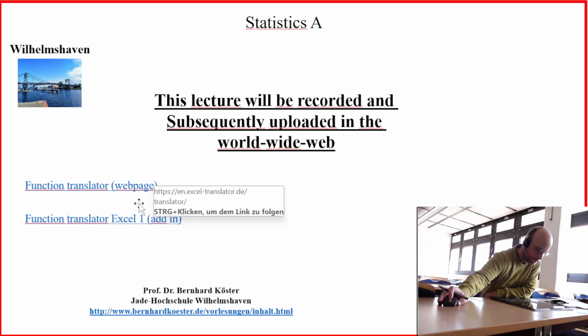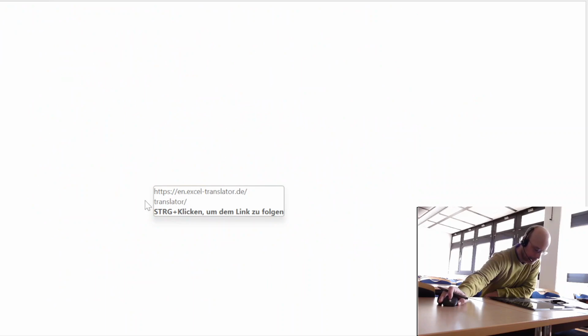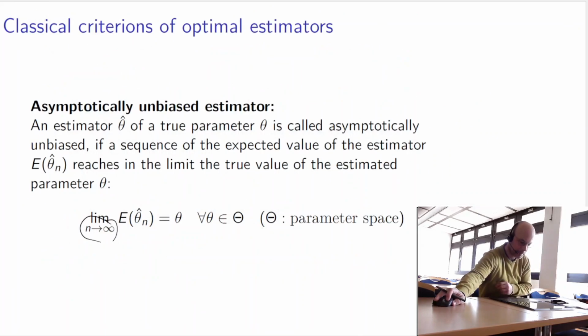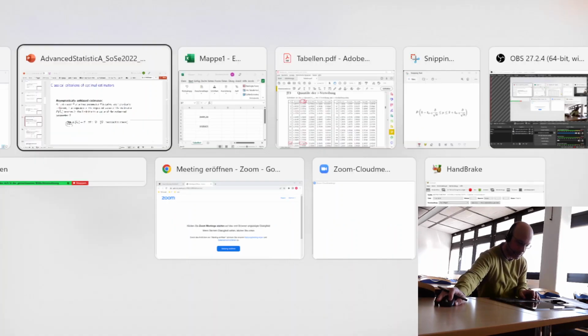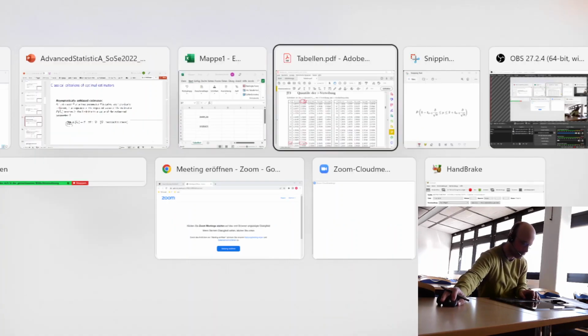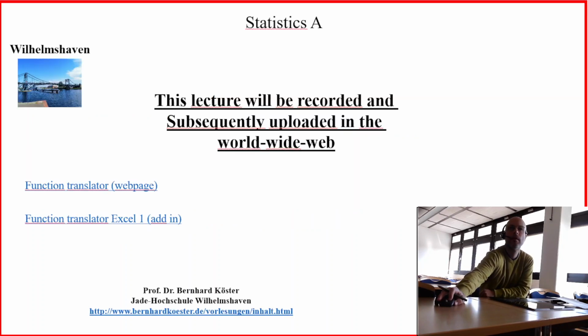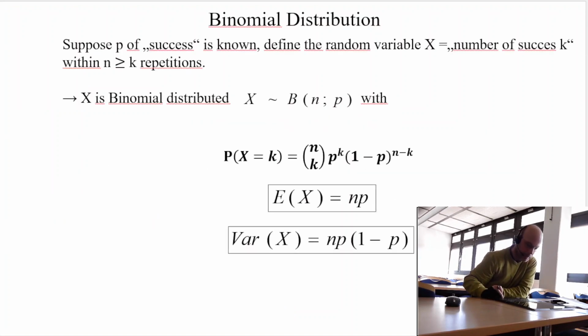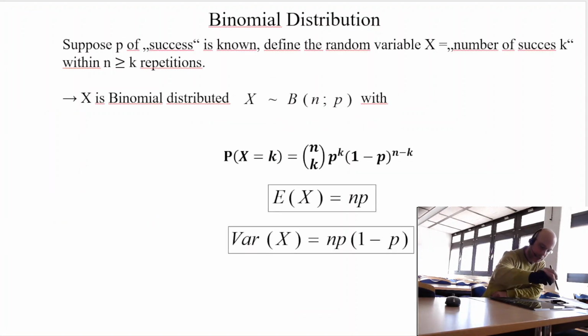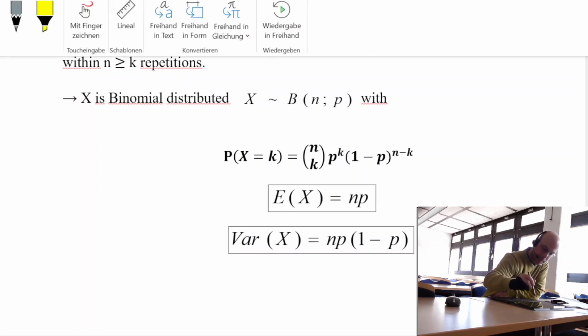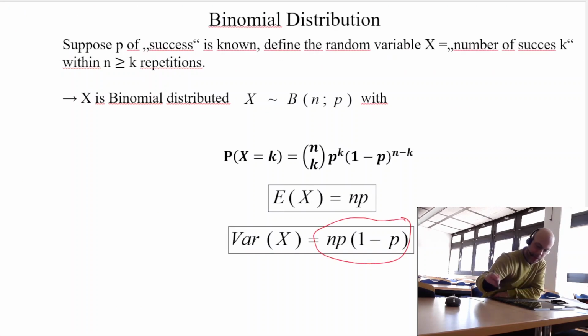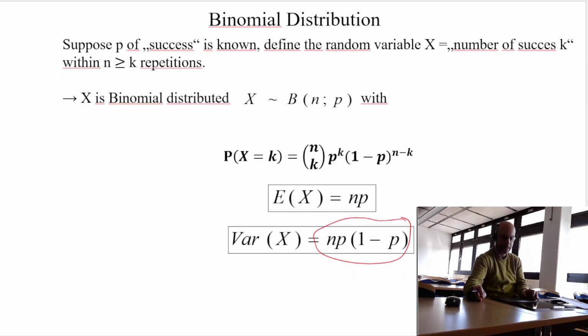No, even one lecture before. Here, the binomial distribution. The variance is just n p times 1 minus p.